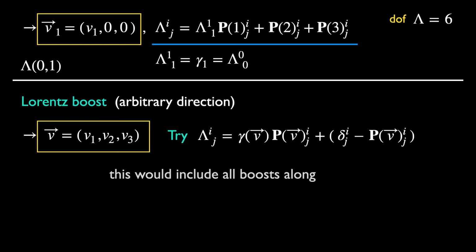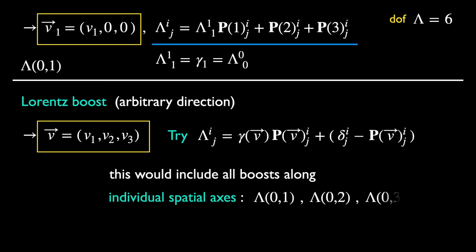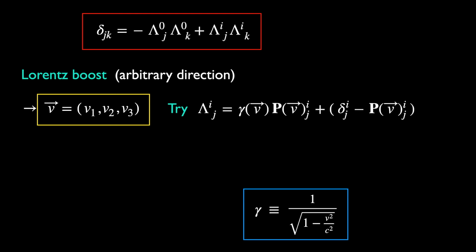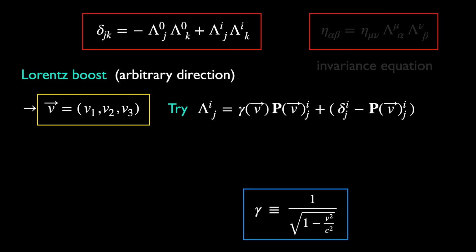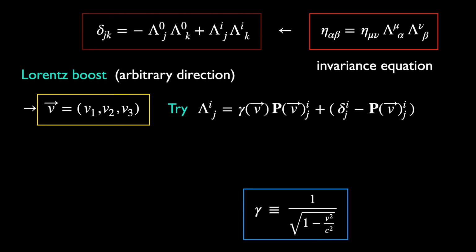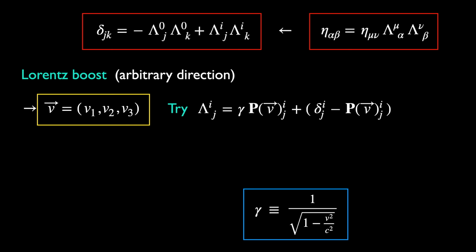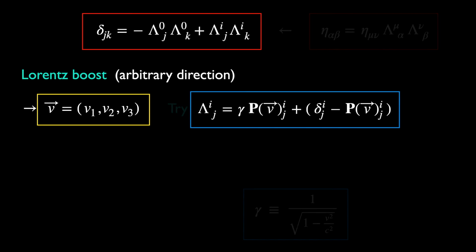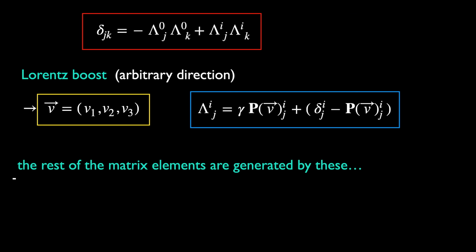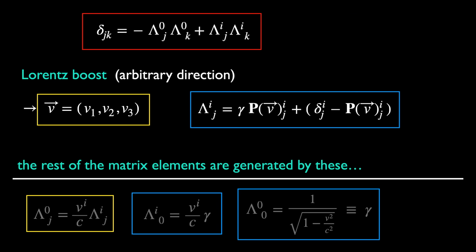This solution automatically includes the solutions along the individual spatial axes. But let's check that this is really a Lorentz transformation and satisfies the invariance equation. The rest of the matrix elements of lambda can be derived by the general results below.